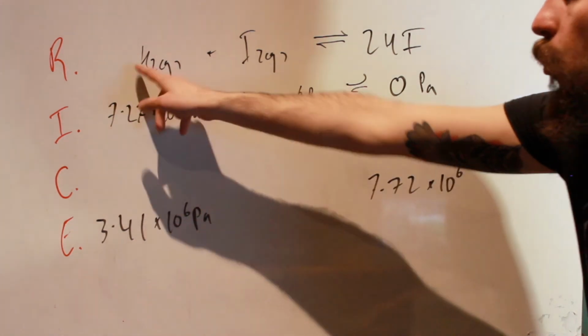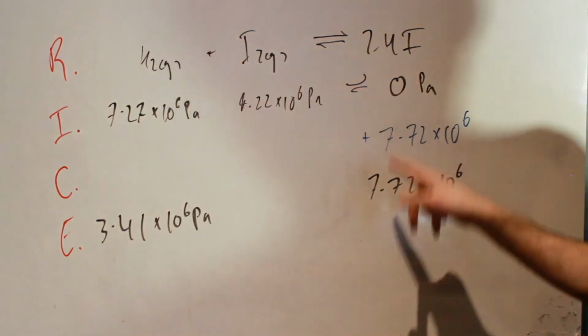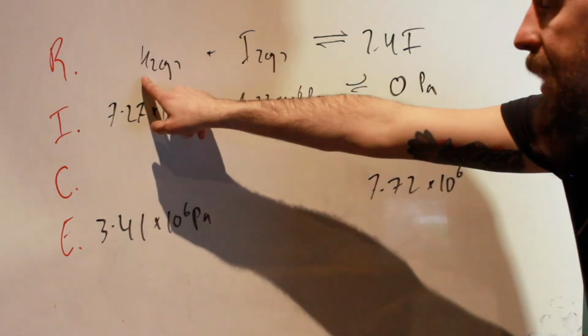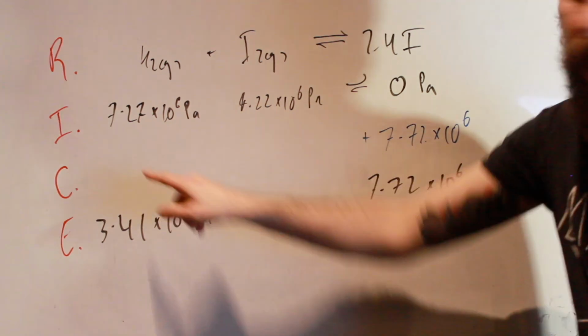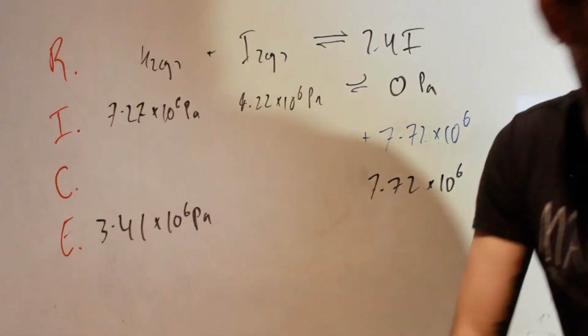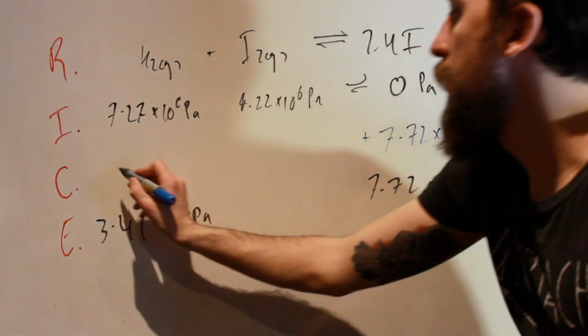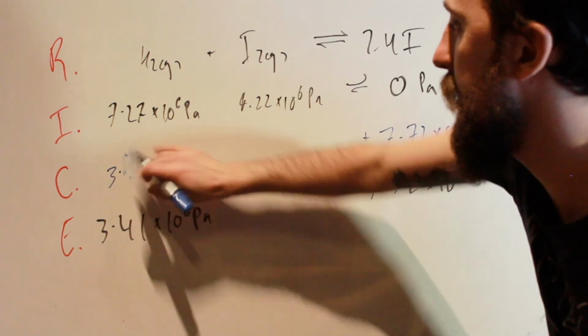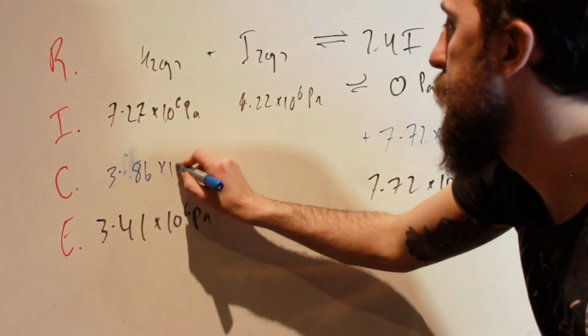Hopefully that makes sense. We've got the 1:1:2 ratio, so if we have an increase of that much there, but this has twice the molar equivalence as that, so our change here is going to be half the amount. So if I divide that by 2, I get a value of 3.86 times 10 to the 6 pascals.